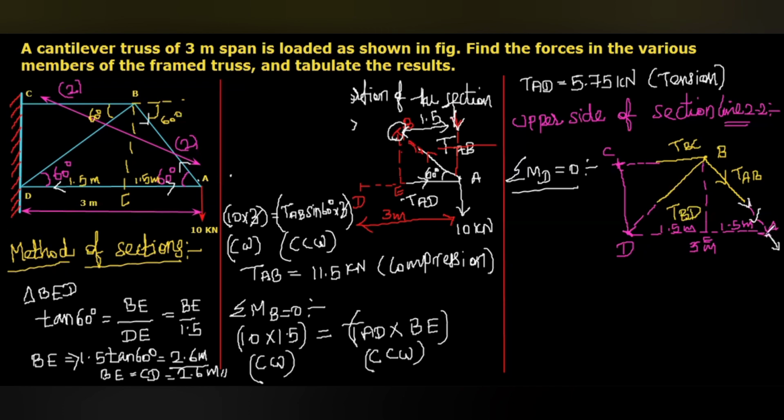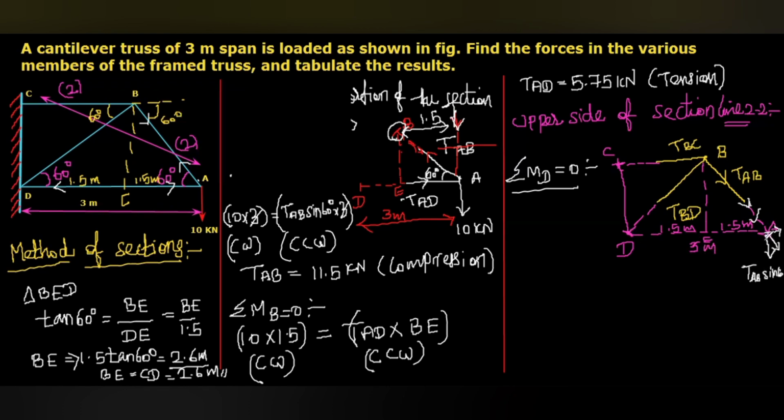Here, TAB sine 60 will be vertically downward. TAB cos 60 will be in this direction, horizontal. But the TAB cos 60 we are not going to consider since that line passes through the point D. The horizontal component TAB cos 60 passes through the point D, so we are not going to consider it. Only TAB sine 60 we are going to consider, and that vertical is multiplied with the value 3.